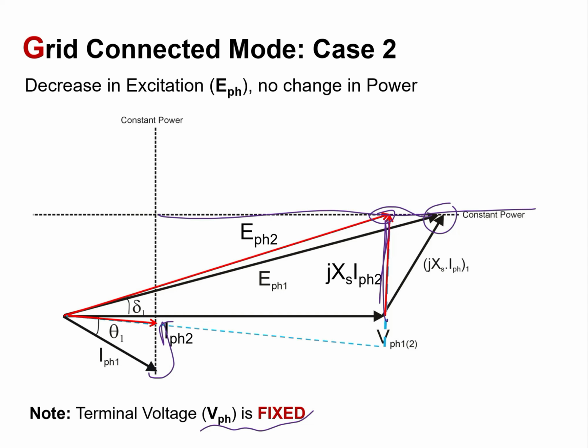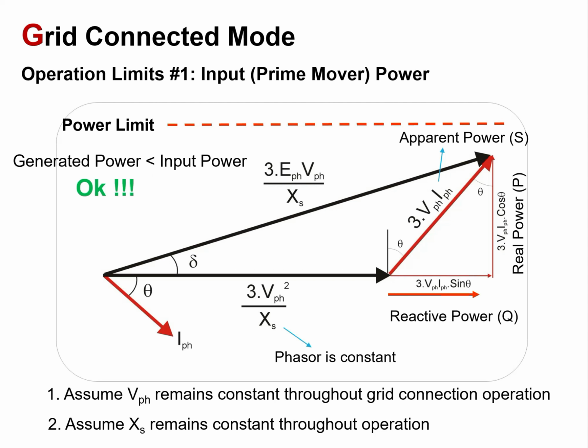Now let's take a look at some of the operational limits of a grid-connected mode generator. The first limit is that the generated power is always less than the input power. And the input power is determined by the prime mover, which could be a wind turbine, a gas turbine, a water turbine.